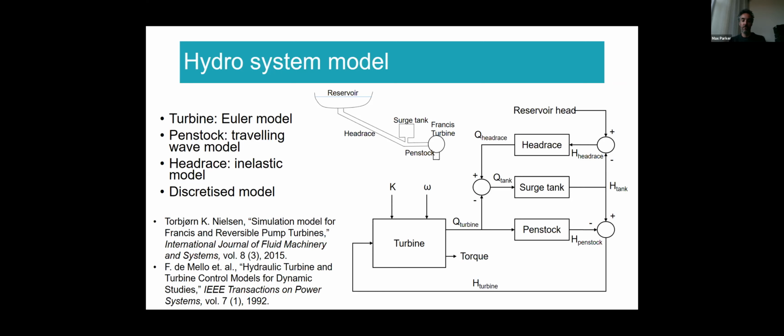I believe the power electronics models' step size is about 50 microseconds. If you try to use that for the hydro model as well, then you end up with a very slow simulation. So the hydro model is using a step size of 1 millisecond.